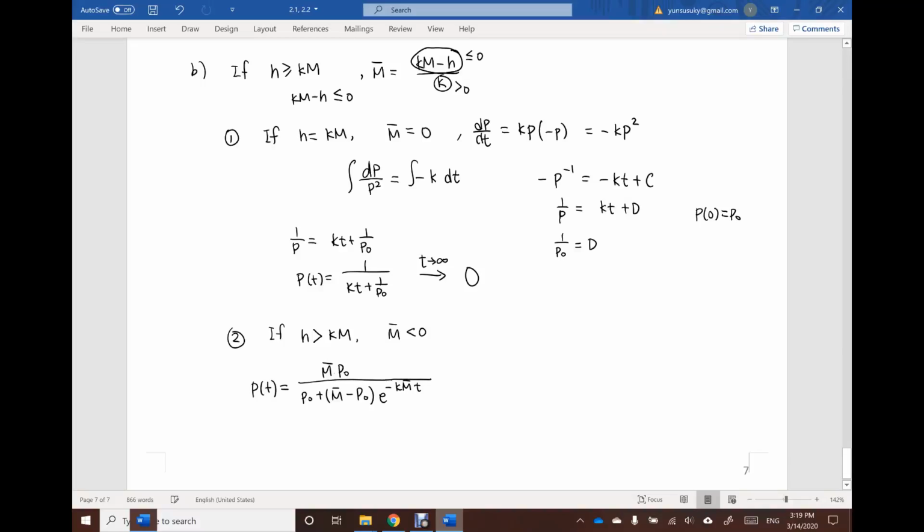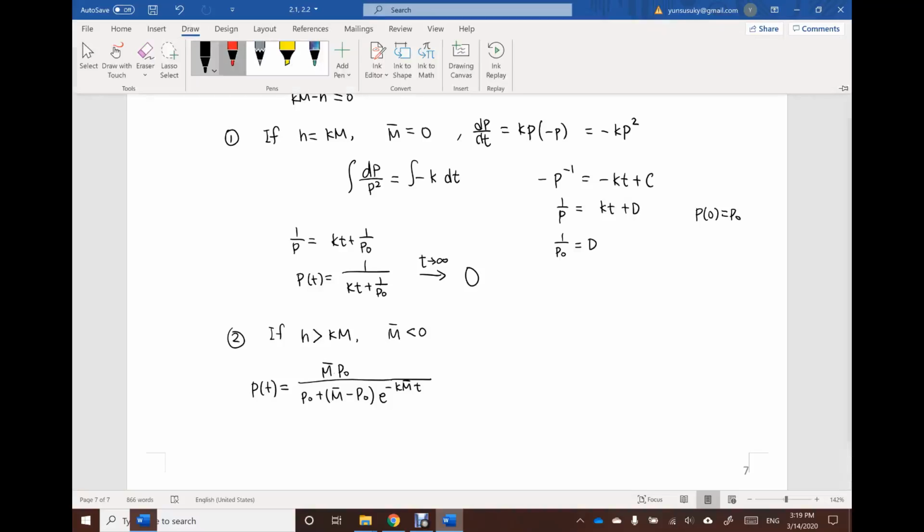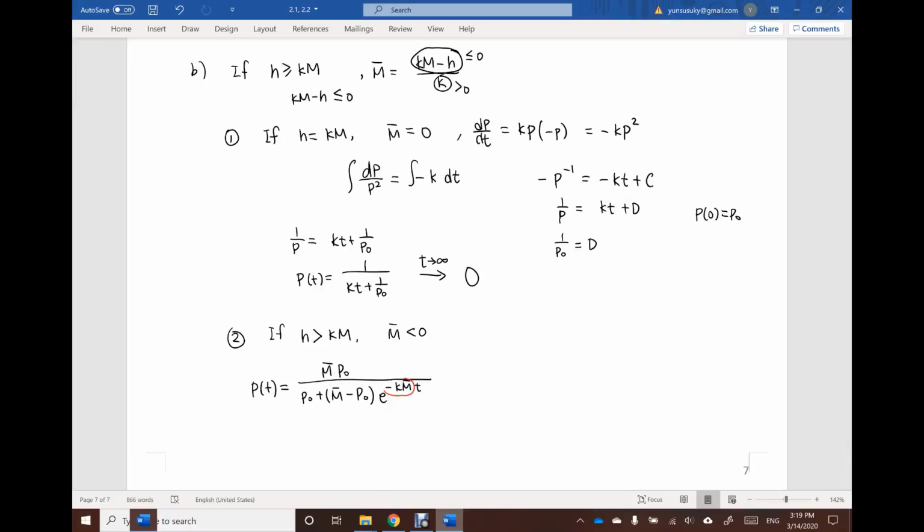Now what happened? Because m hat is negative, minus k m hat is actually positive.